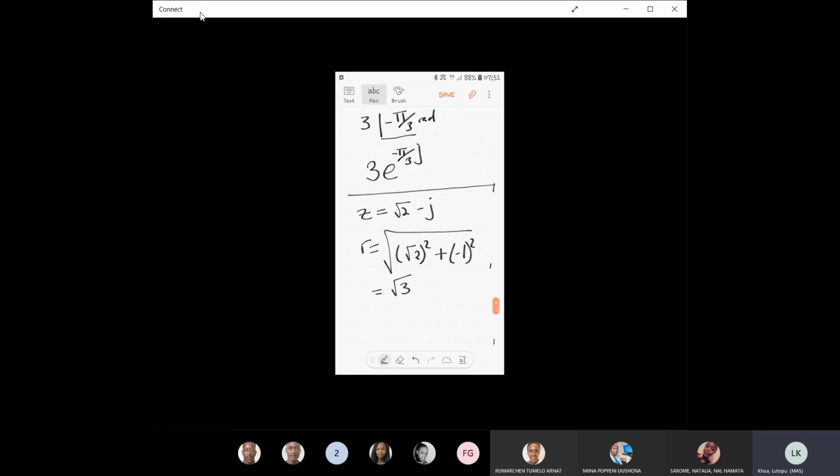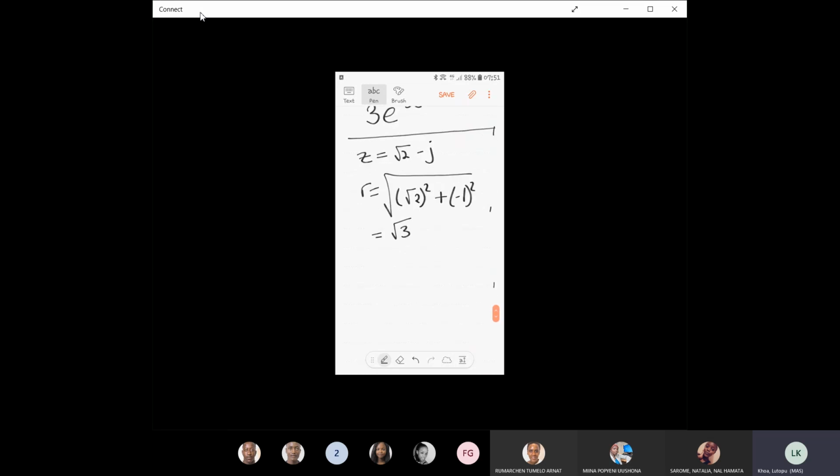Now this angle over here is in the fourth quadrant, because x is positive and y is negative. So this is where it is.